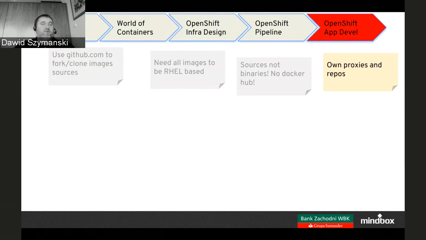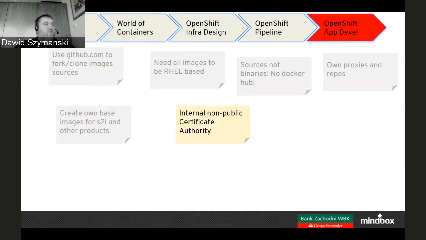We have proxies for the build artifacts, for the Maven repositories, etc. We have a lot of proxies for this, and very often the source-to-image images, even those on Docker Hub, do not support these proxies. So we are creating our own images as the source-to-image for OpenShift. We are using our own images also because we have our internal certificate authority as a bank.